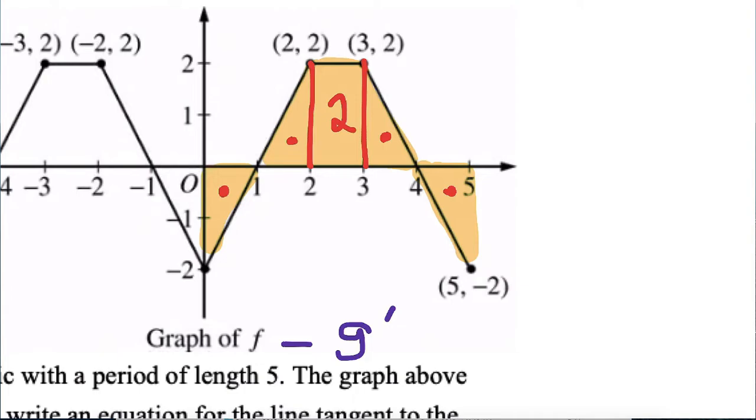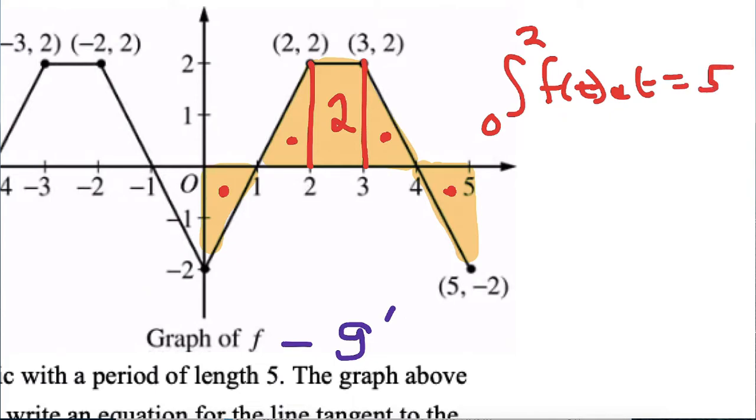That's why the integral from 0 to 5 of f of t dt is equal to 2, because we get some cancellations out there.